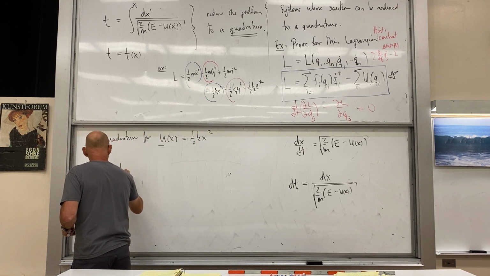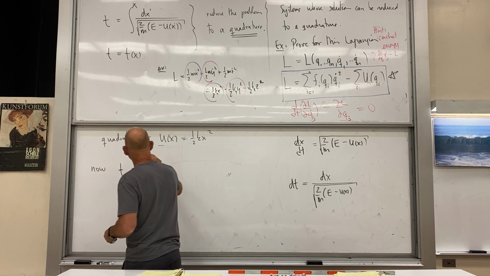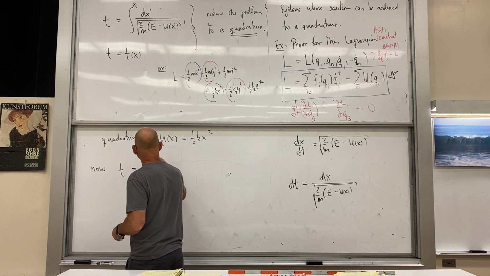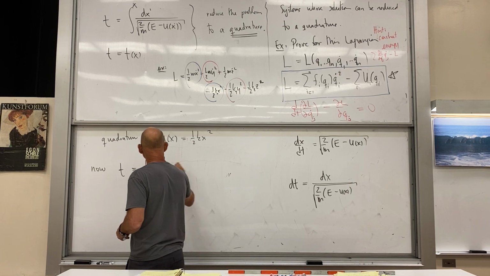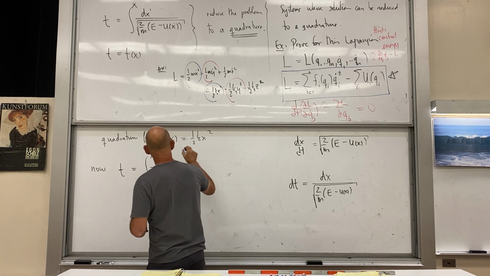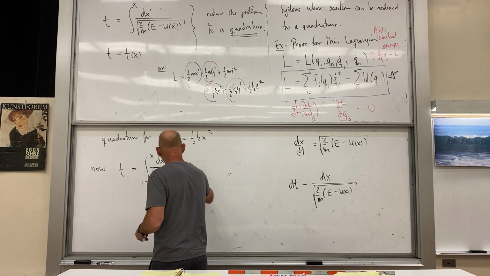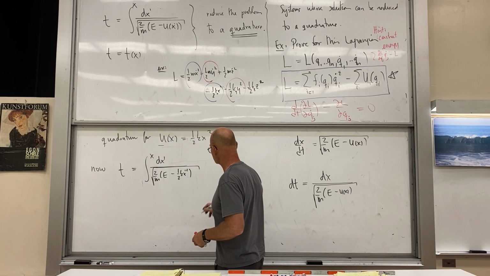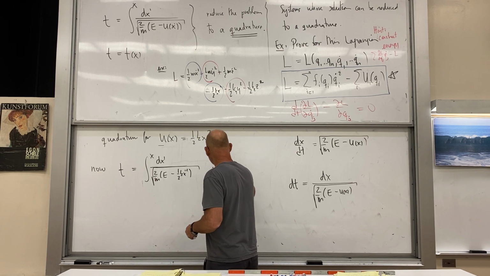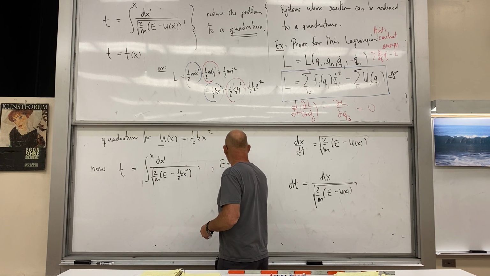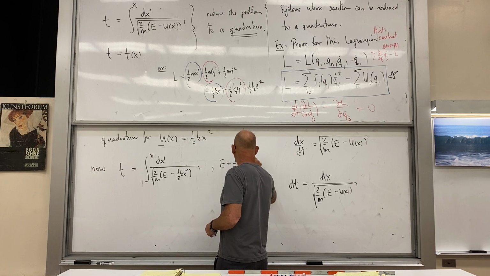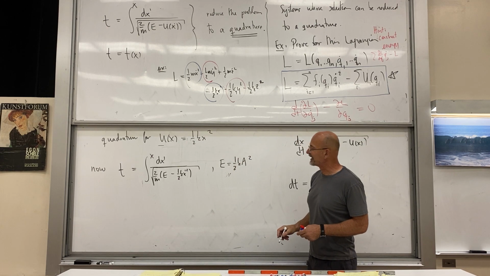Now t is equal to the integral of dx prime over the square root of 2 over m times E minus 1/2 k x prime squared. But E is 1/2 k a squared, right? Where a is, say, the amplitude.